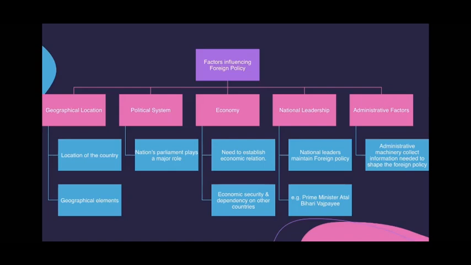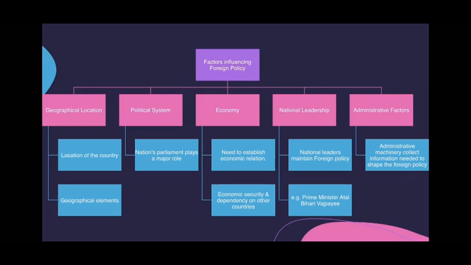Economic security and dependency on other countries. Now, a country is recognized to be powerful in proportion to the economic security it enjoys. Countries which have strong economy are less dependent on others and they can decide for themselves what kind of international relations they need to maintain.